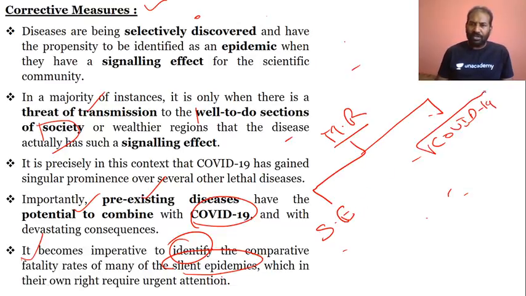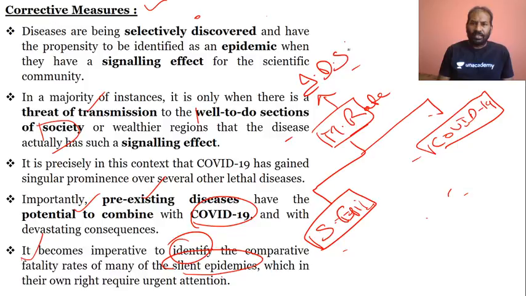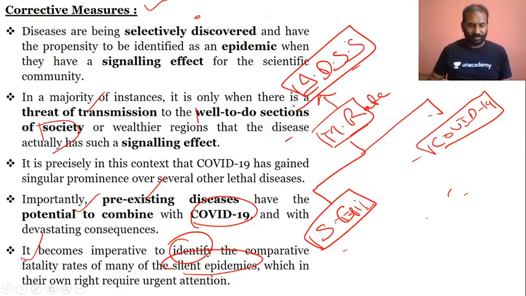As we are focusing on COVID-19, the same way the government of India has to focus on the silent epidemics, especially on the mortality rate, and then focus on India's disease surveillance system. I think now you have understood, everyone.